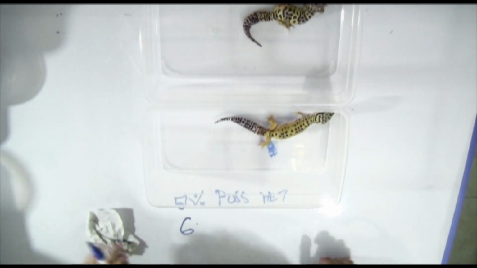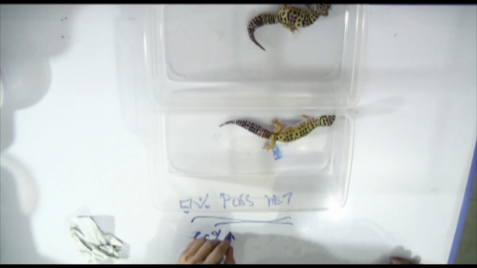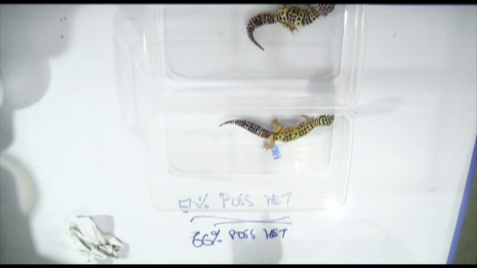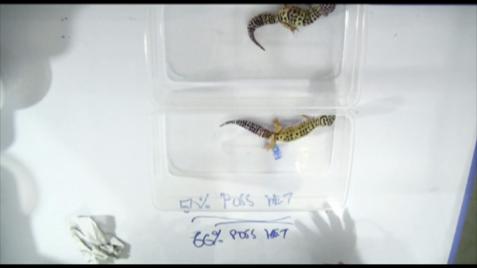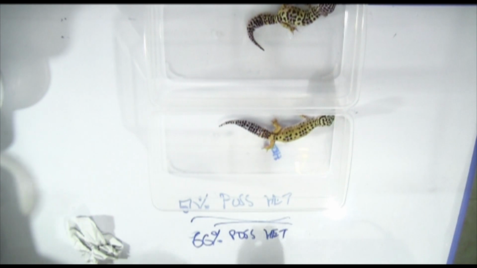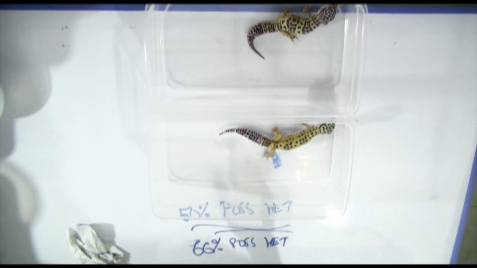And the only way to prove out these possible hets is by breeding them back to visual trampers or to het trampers, and see if you actually manage to produce a visual looking trampled albino.